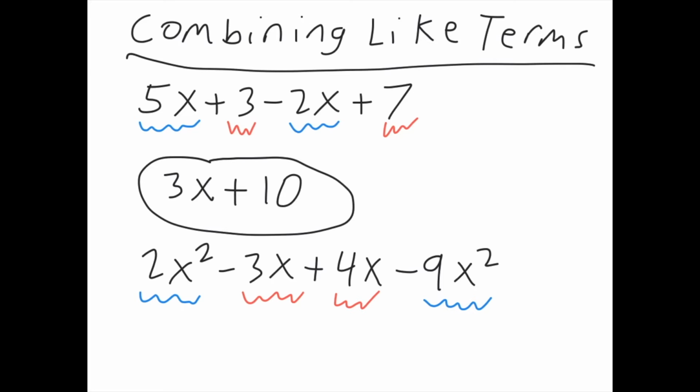So then we combine the terms that are alike. So 2x squared minus 9x squared will give us a negative 7x squared. And then negative 3x plus 4x will give us a positive 1x, or just x.